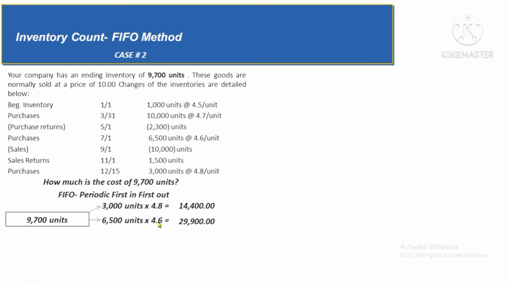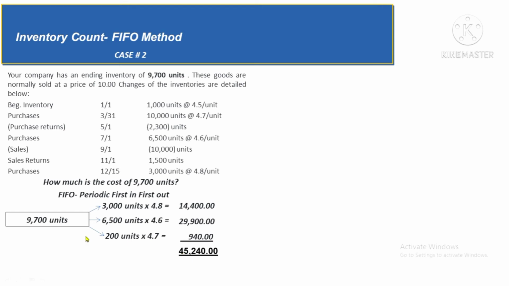As of this point, we have already assigned cost per unit for a total of 9,500 units. So the only units without cost are the remaining 200 units. Following again the FIFO logic, these units are assumed to come from here, which cost 4.7. So 200 times 4.7. So in total, we have 45,240.